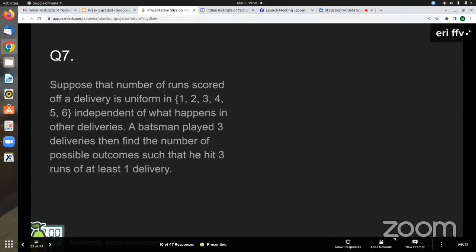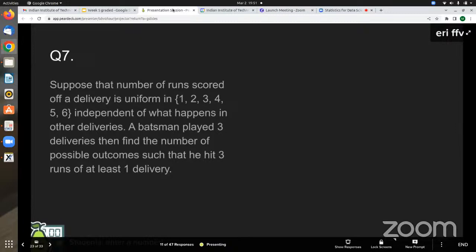Maybe when I read further, it looks like my understanding is wrong. I think it tells the batsman can either score 1, 2, 3, 4, 5, or 6. Exactly. When I read it further, it looks like he played 3 deliveries and he has scored 3 runs in 1 ball, and the other 2 balls he can score any other, 1, 2, 3, 4, 5, 6 runs.